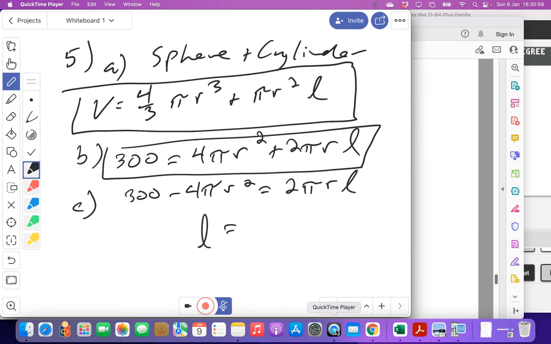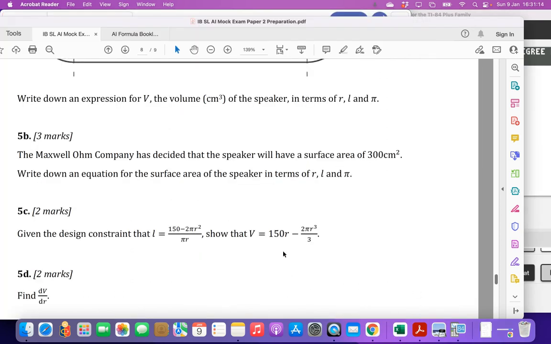L is going to be equal to 300 minus 4 pi r squared, divided by 2 pi r. And again, you can see that they just divided everything by 2 here to cancel it out.